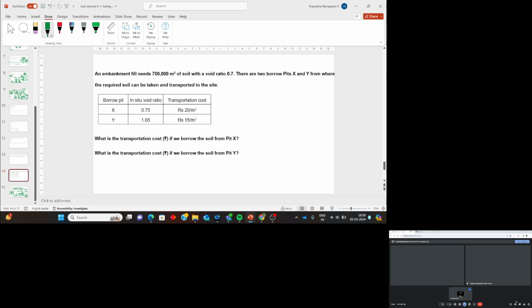An embankment fill needs 700,000 meter cube of soil with a void ratio 0.7. There are two borrow pits, X and Y, from where the required soil can be taken and transported to the site.